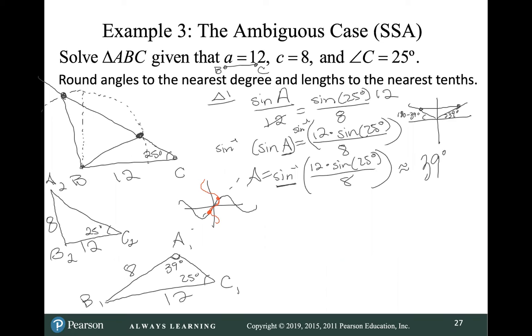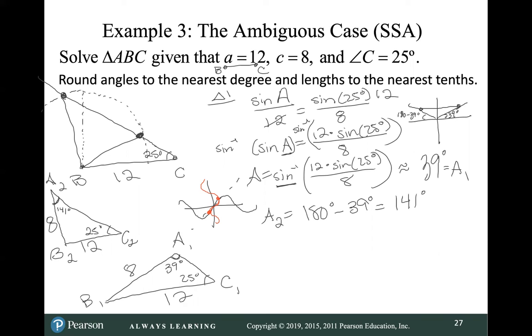So to find, this is A1, to find A2, I need to do a little bit of calculation outside of just using the calculator to do sine inverse. I have to say, what's the other angle that will have the same sine value? And that is 180 degrees minus 39 degrees. And that gives us 141 degrees. So our other angle here, A2, is 141 degrees.